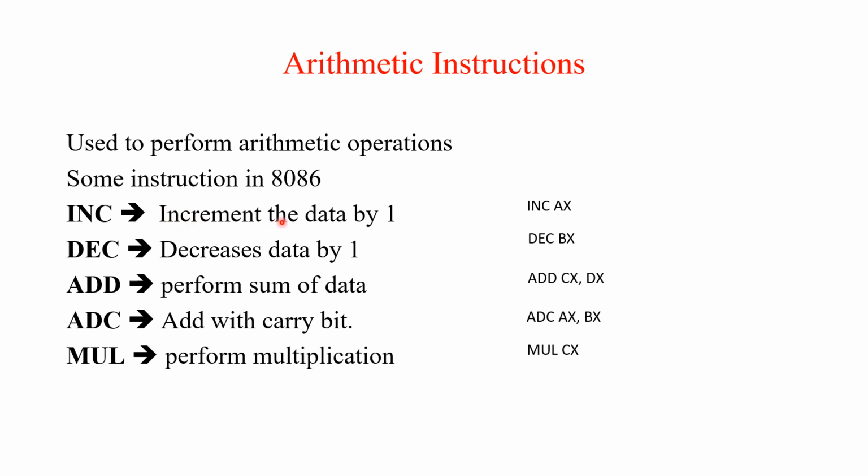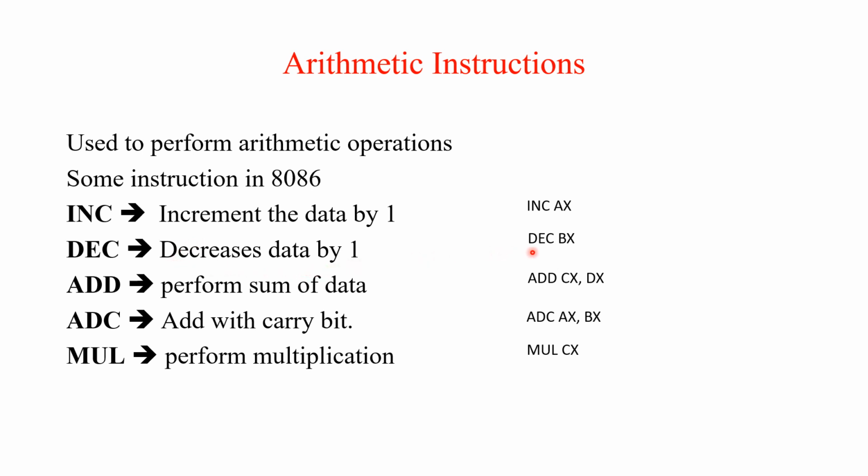Increment. The increment instruction increments a value by 1. For example, INC AX increases the value in the register AX by 1. Decrement. The decrement instruction decreases a value by 1.